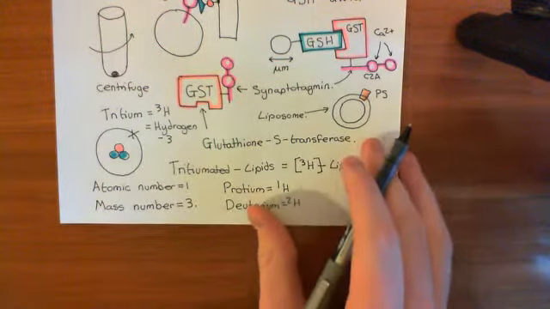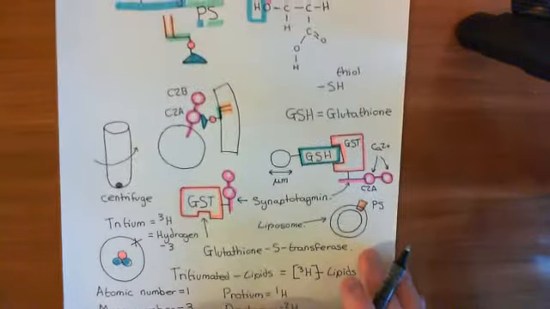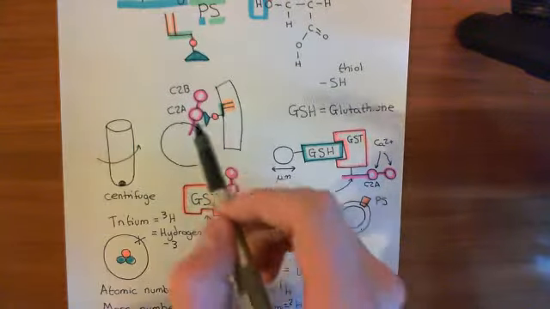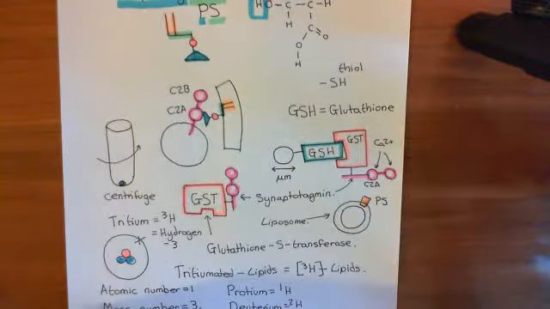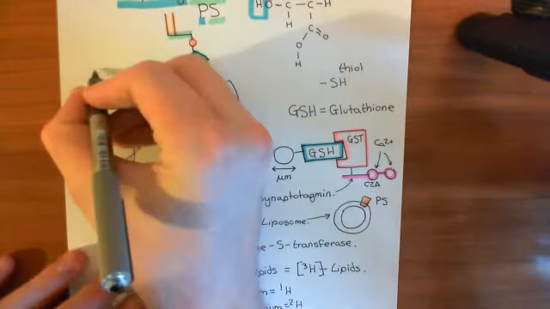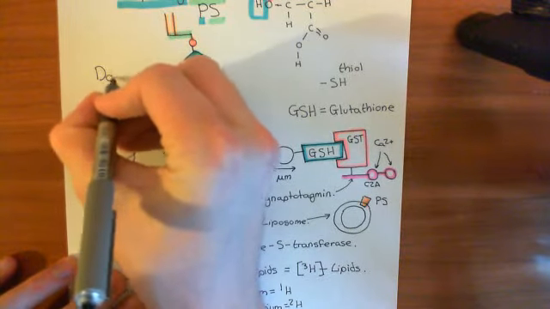And let me just remind you of how synaptotagmin is going to be activated. Well, calcium is going to bind to it. So 3 calciums will bind to this C2a domain and 2 to the C2b domain. And what does this calcium do? It does not, I repeat, does not cause a conformational change.